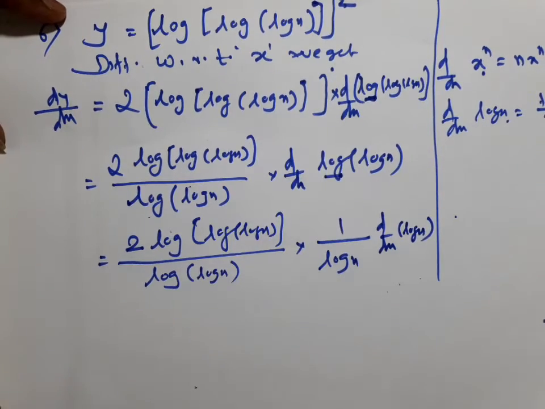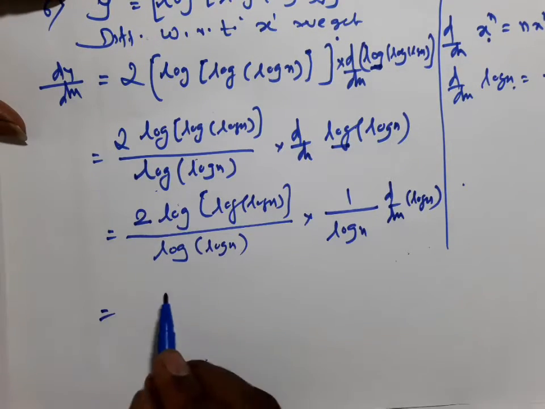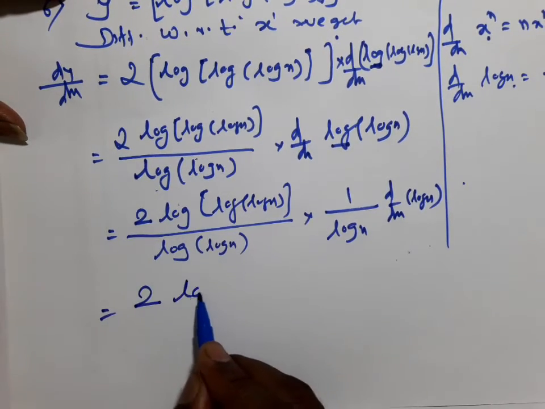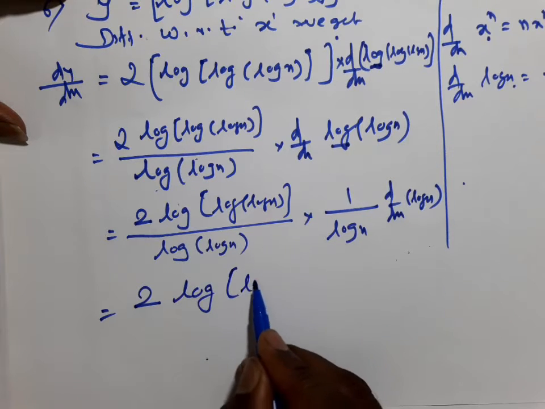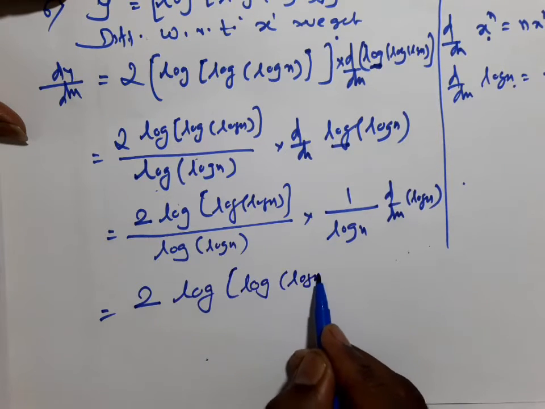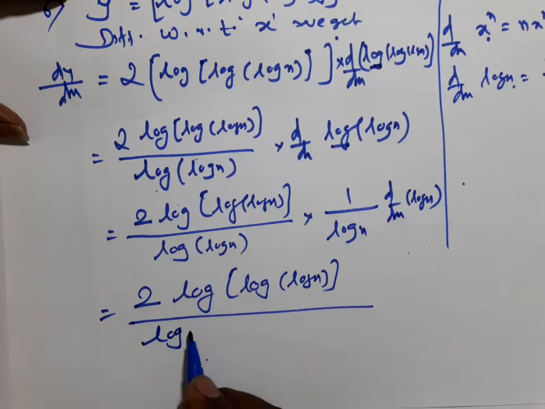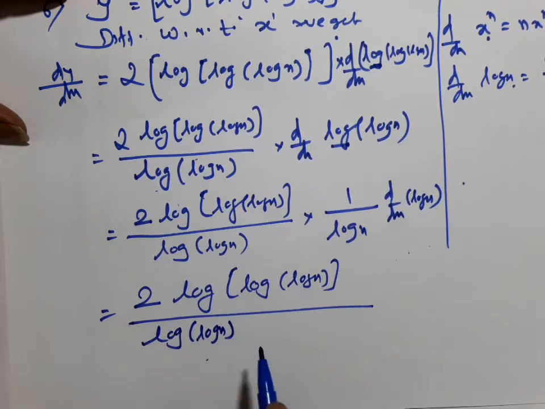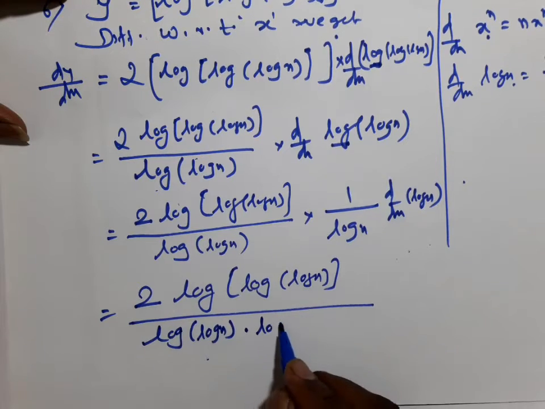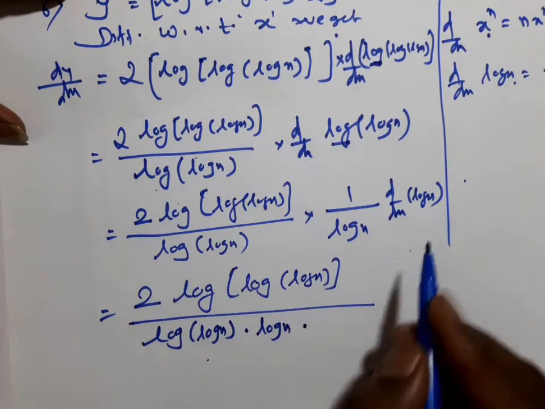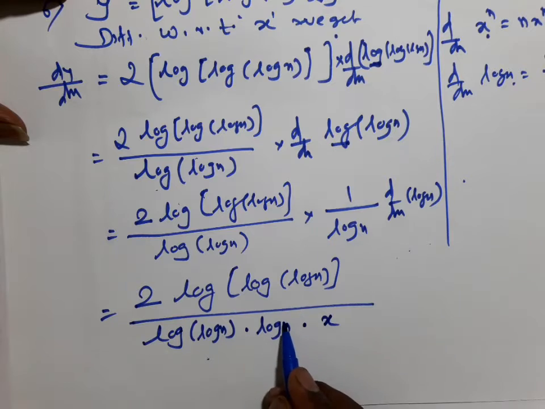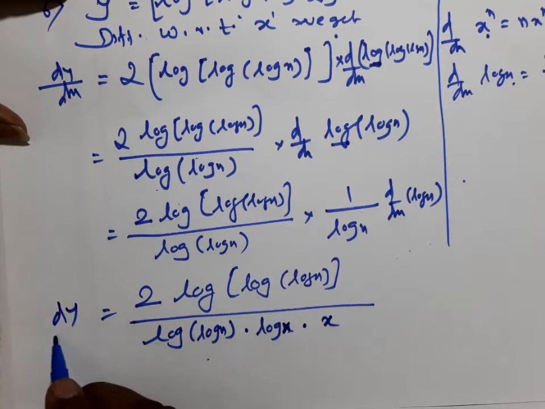Find their derivative. And finally 2 log x divided by, this is log x into log x into 1 upon x. This is the final derivative.